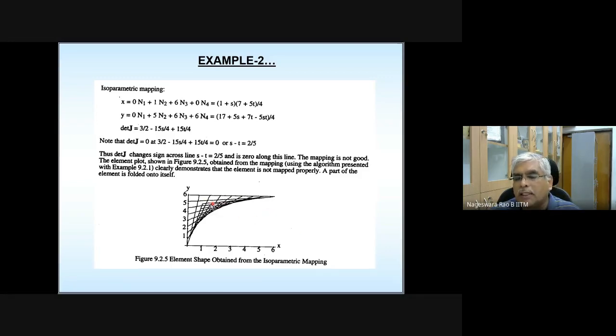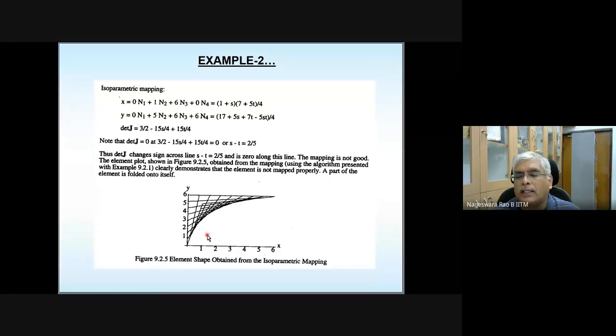You can see here there is a folding. This entire surface is folding onto itself. That means there is no one-to-one correspondence. There are 2 points in the actual element for which the corresponding point in the parent element is a single point.